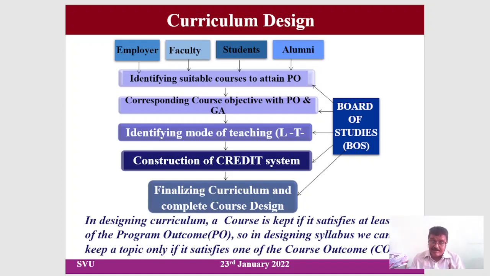So what we do at the time of curriculum designing is make a thorough stakeholder satisfaction survey. It is very vital when we design a syllabus. Some people say a satisfaction survey basically involves employers, faculty, students, alumni, to give input about whether a subject is of use or not.